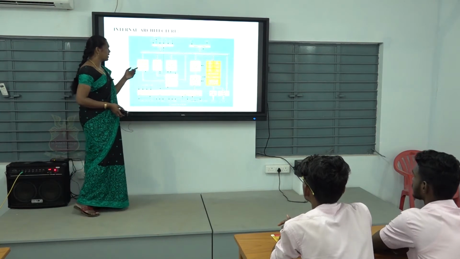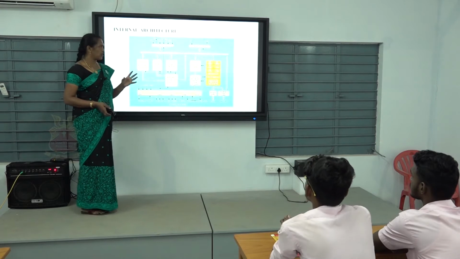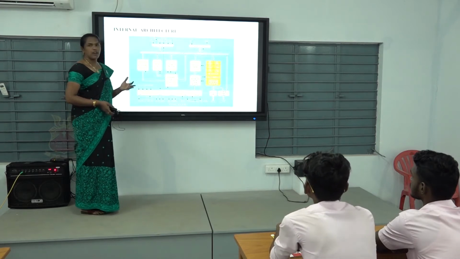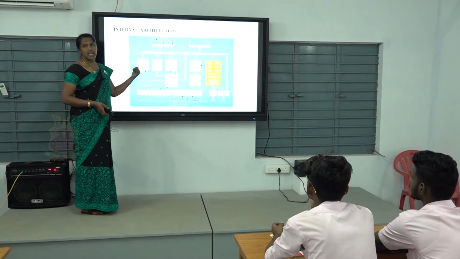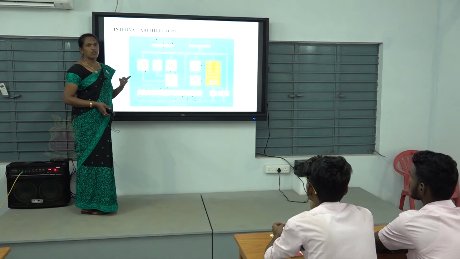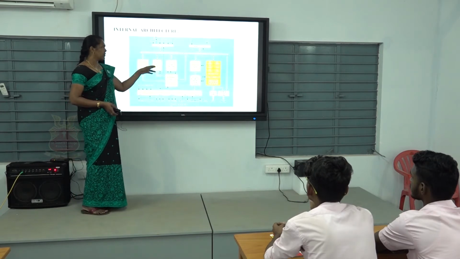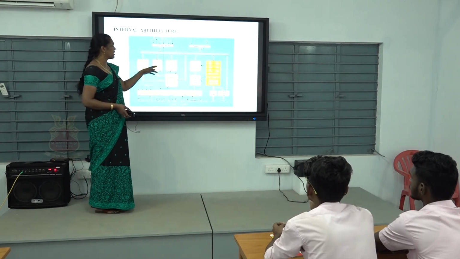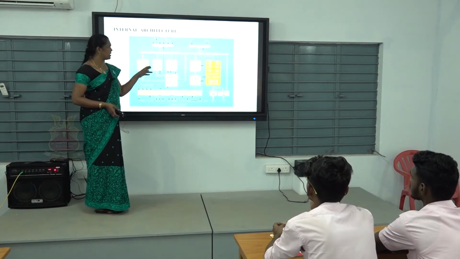Here we have the accumulator. The accumulator is the main part of the 8085. In any processor, the accumulator is the main one because it is a register. All arithmetic and logic operations are performed here, and the result is stored in the accumulator. Here we have temporary registers W and Z, which are also 8-bit registers.